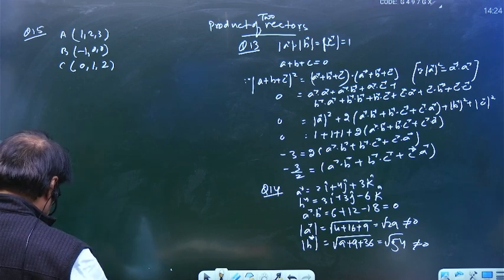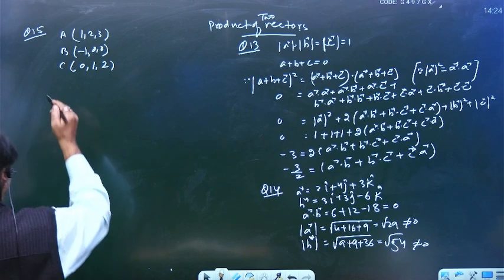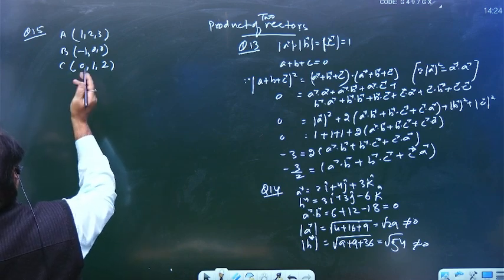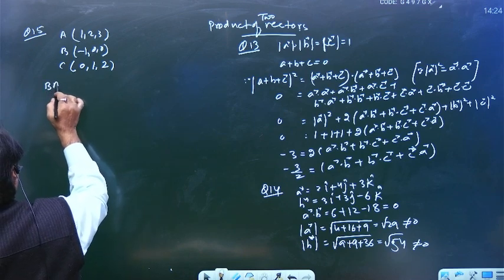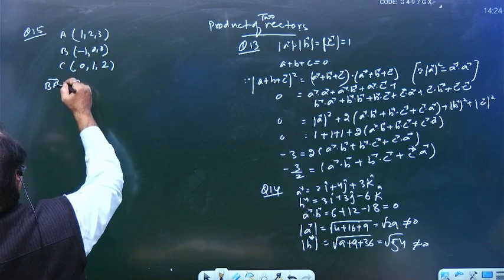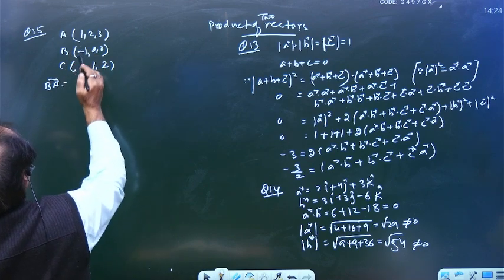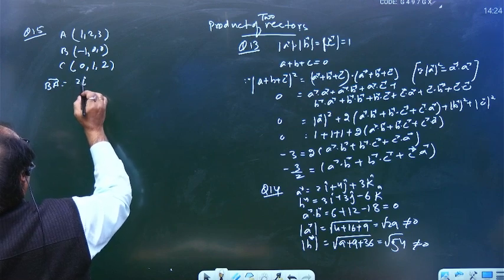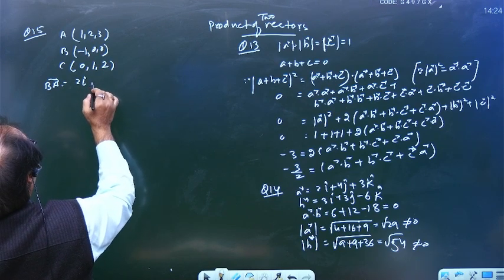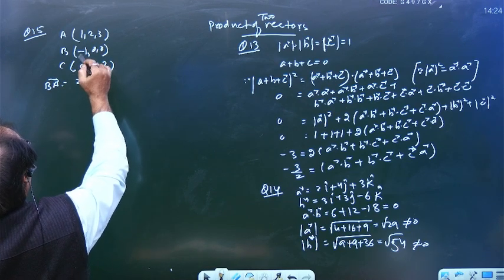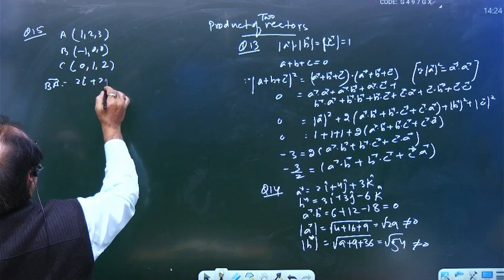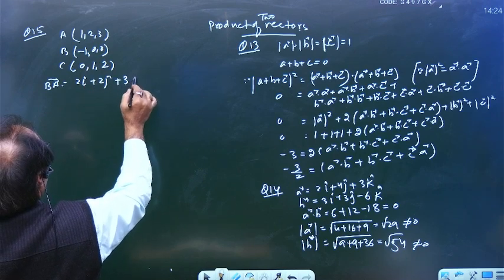So angle ABC means we will find BA and BC. Okay. First find vector BA. So BA means A minus B. A minus B means 1 plus 1, this is 2i cap, plus 2 minus 0, 2j cap, plus 3k cap.